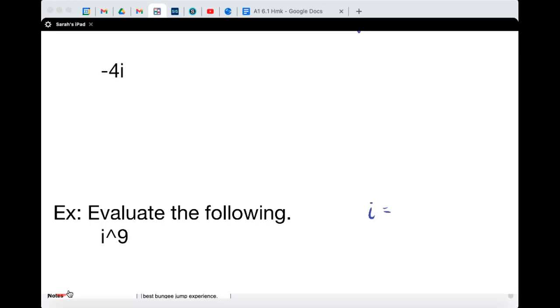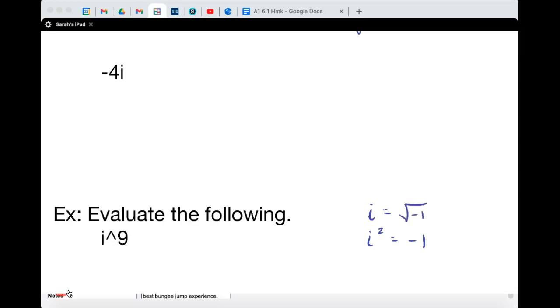Yeah, you're on the right track. I just wanted to summarize how we're going to do that. Because Gracie was saying i squared is negative 1. Technically i was the square root of negative 1. But in our case, we're just going to remember i is as simplified as we can possibly get.